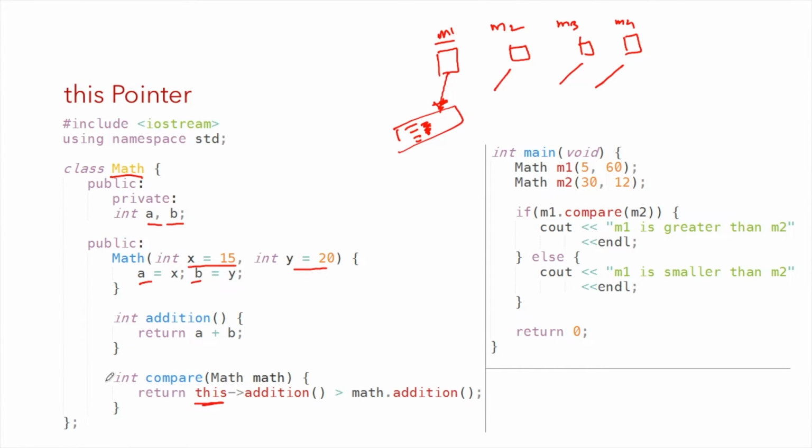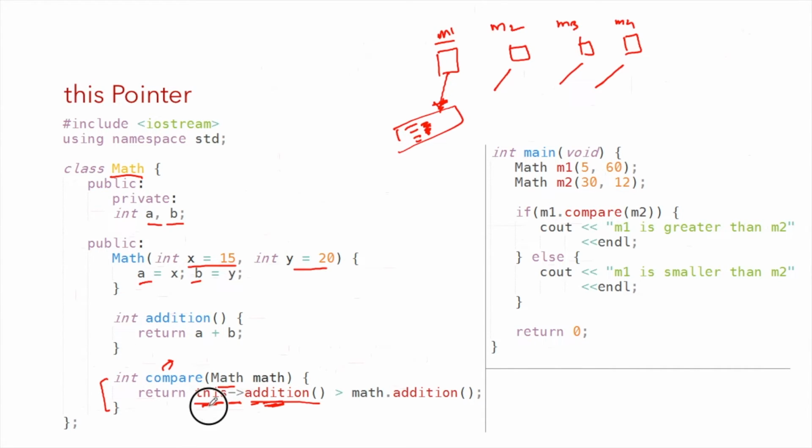Then we have another method, compare, to which we are passing an object of Math. When this object is passed, inside this function I'm referring to this arrow operator addition. Whenever I make this call, the data members of the object which is calling this method will be used for executing this function.